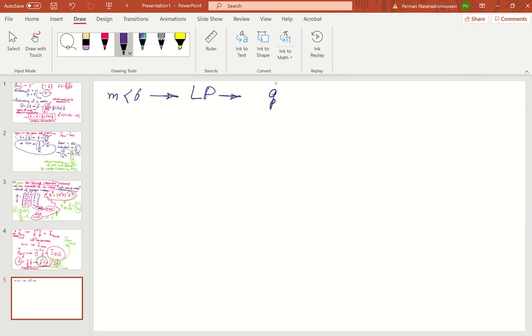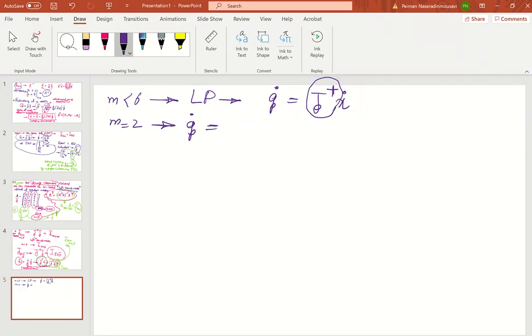So finally q dot is equal to the pseudo inverse of J times x dot. But on this side, suppose that, for example, m is equal to 2. So what does q dot become?